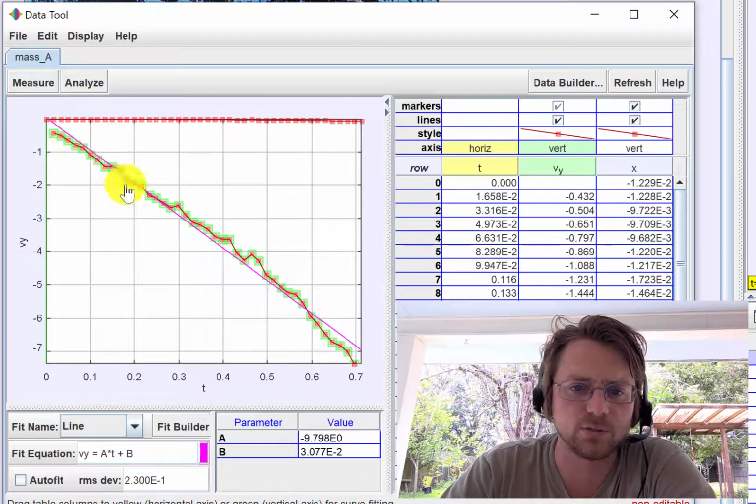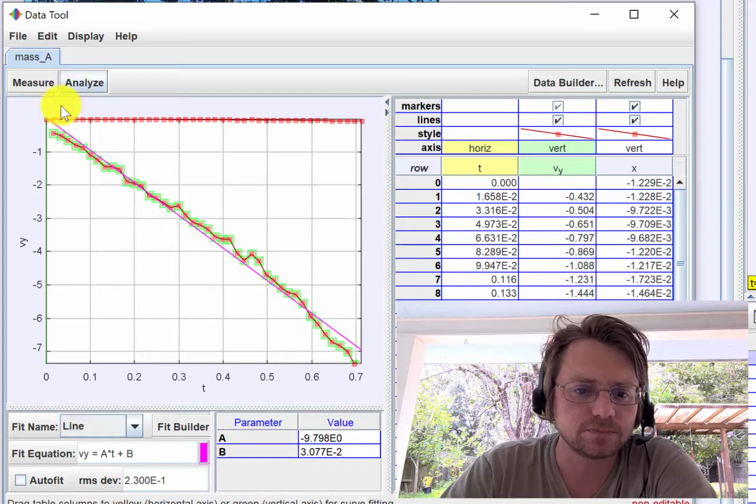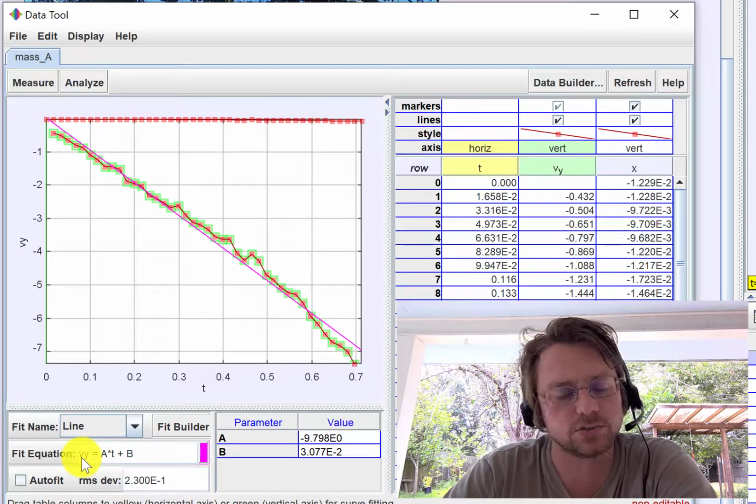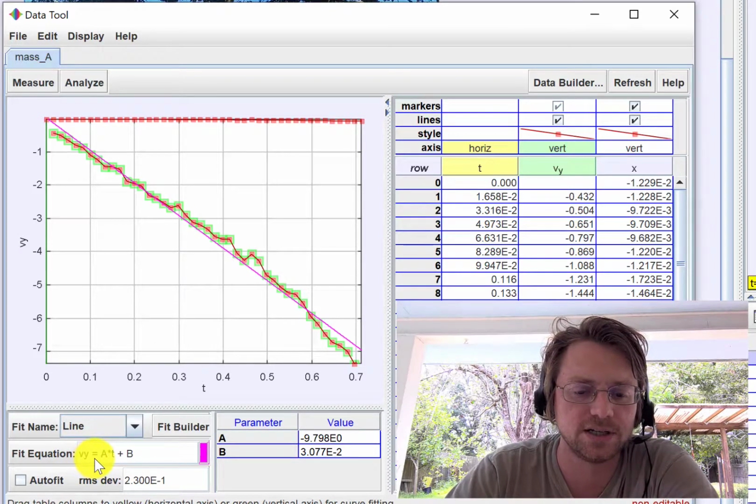The same graph that we had over on the right side is now in our main window, and we've fitted a linear trend line. Our fit equation is your standard y equals mx plus b, but it's written differently. What's on the y-axis is velocity in the y direction, equals this parameter a, which is the slope.